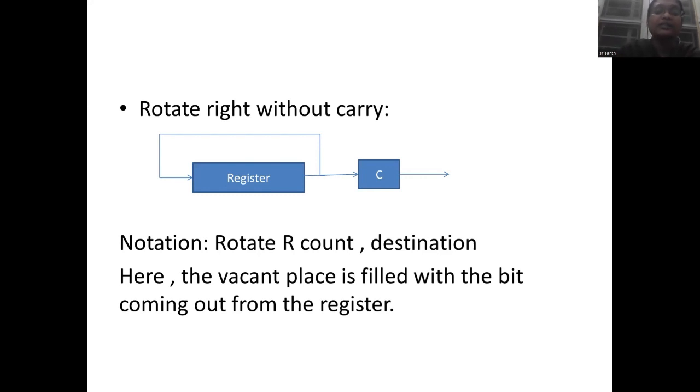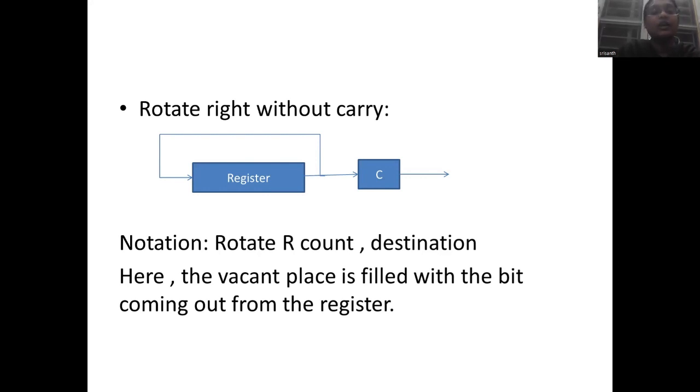Let us summarize this topic once. Logical shift operators perform only on operands, and arithmetic shift operators perform on numbers. Shift operators are classified into logical and arithmetic.